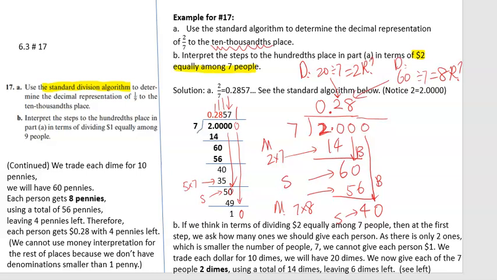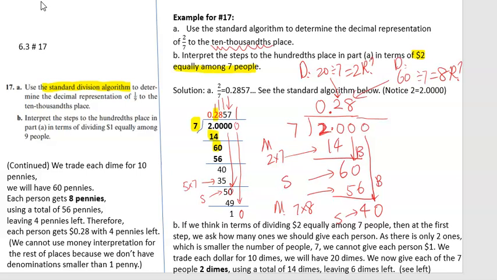Now we have 20 dimes, and we give each of the 7 people 2 dimes, a total of 14 dimes. Leaving 6 dimes after subtraction.